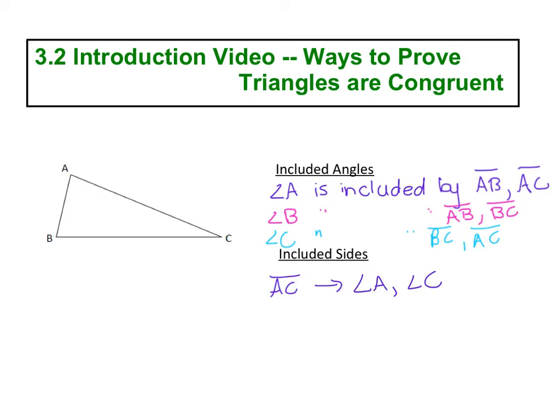Side BC is included between angle B and angle C, and then side AB is included between angle A and angle B. So we're going to use that information going forward.